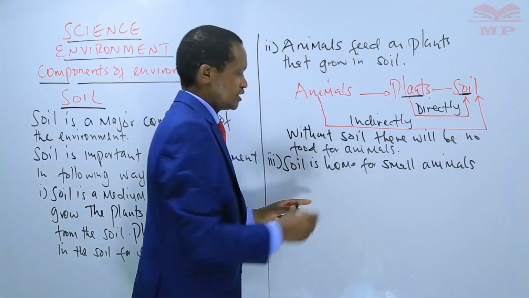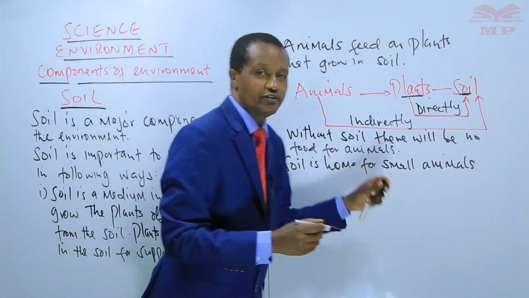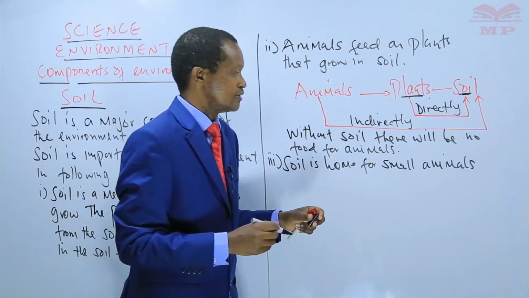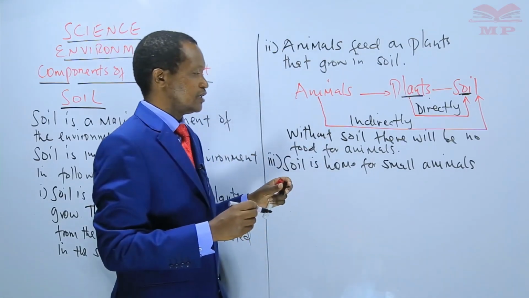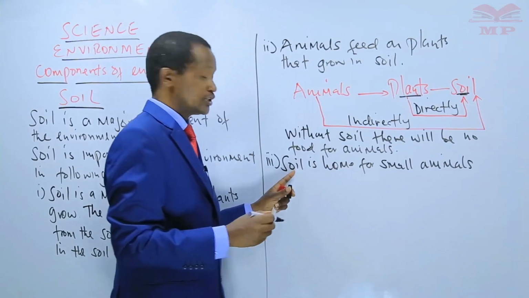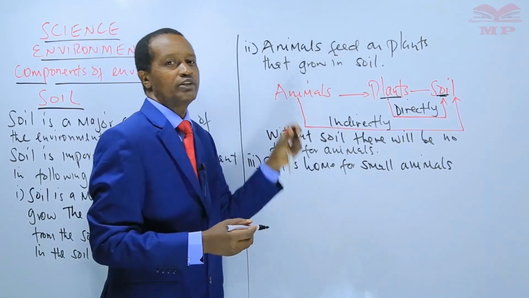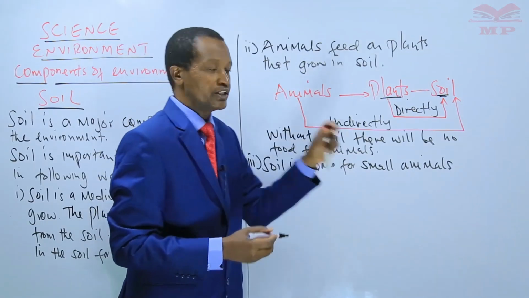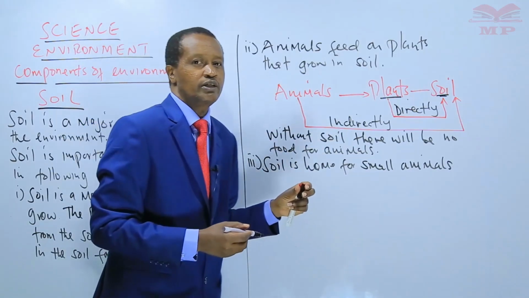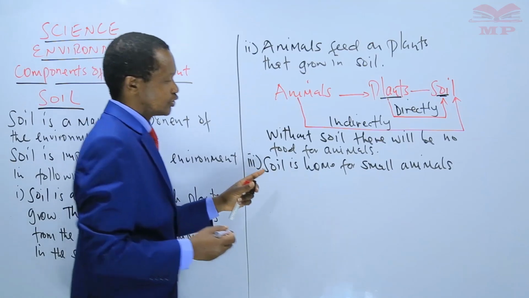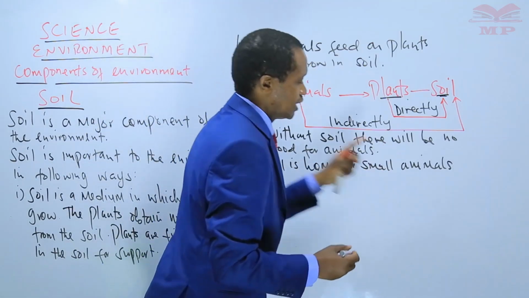That means that there are many animals that live in the soil. Many animals find their shelter in the soil. Animals such as moles, earthworms, bacteria, and so on. Soil is home for small animals.